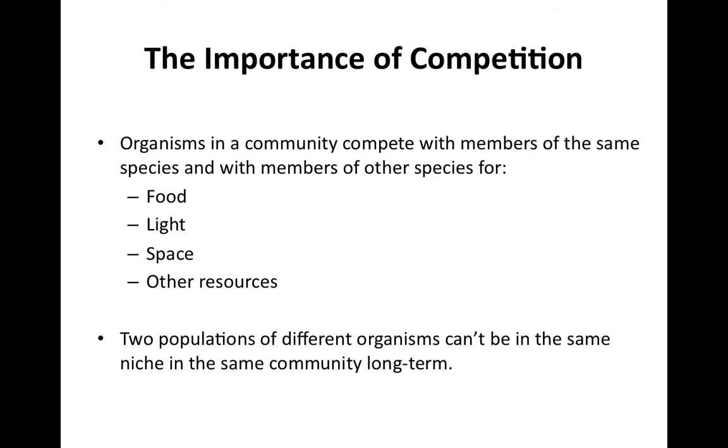They compete for space, and they compete for other resources. Due to this competition, how each organism competes for all these things defines what its niche is. And two populations of different organisms cannot be in the same niche in the same community long term.